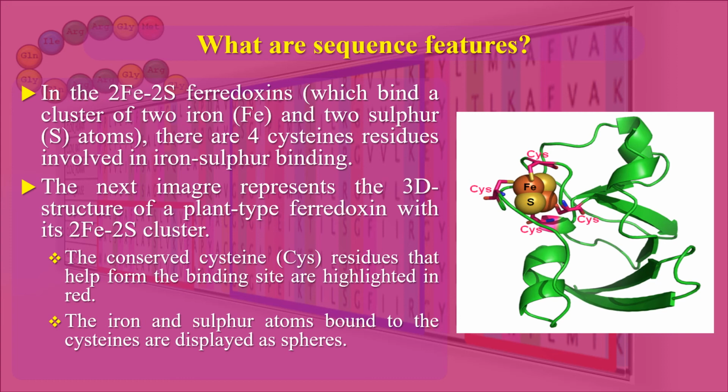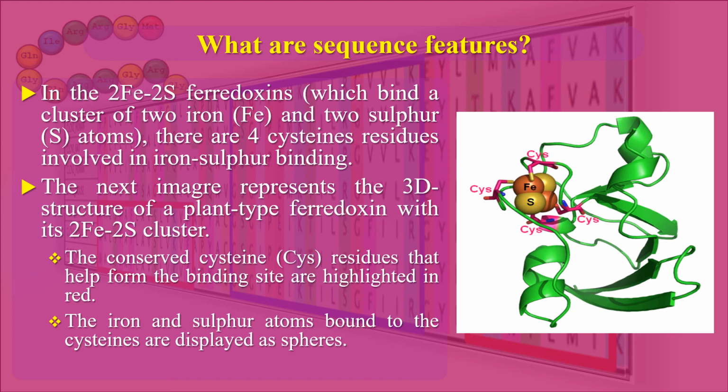Cysteine is an amino acid that has a sulfur atom, and cysteine has 2 sulfur atoms, 1 bond and 2 bonds, involved in iron-sulfur binding.